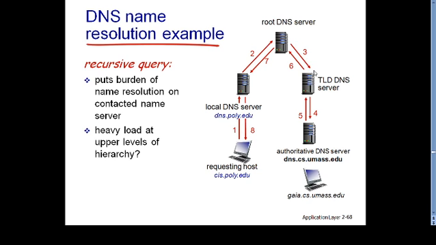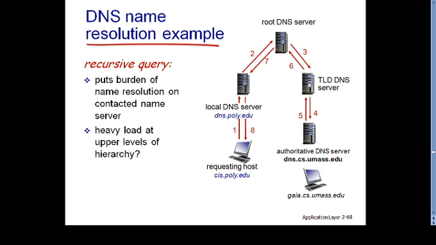Then this top level domain server, on behalf of the client, for a query for this web server, sends a request to the authoritative server which has the actual mapping for this web server's name, and it replies with that IP address to the top level domain server.